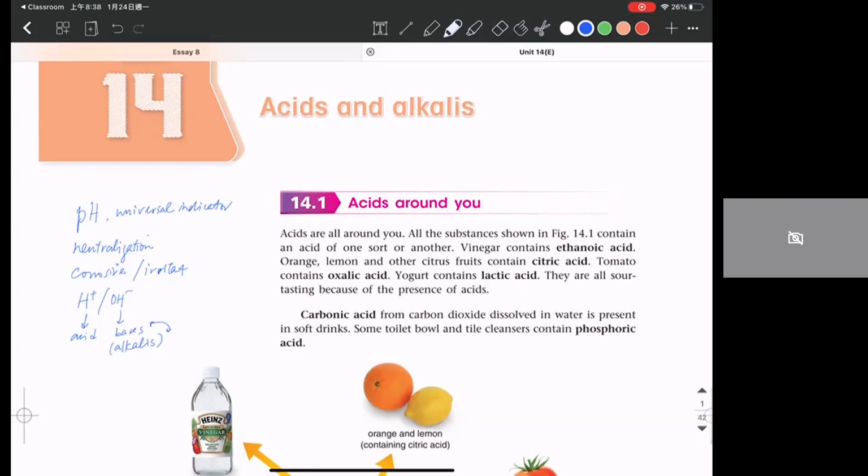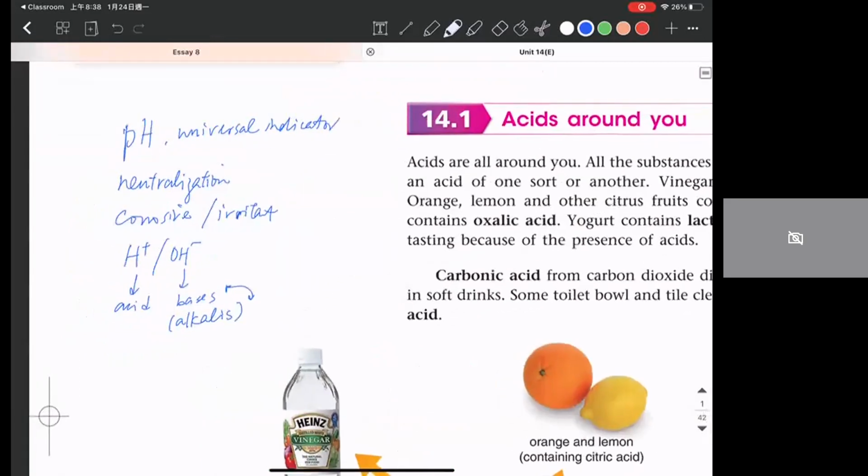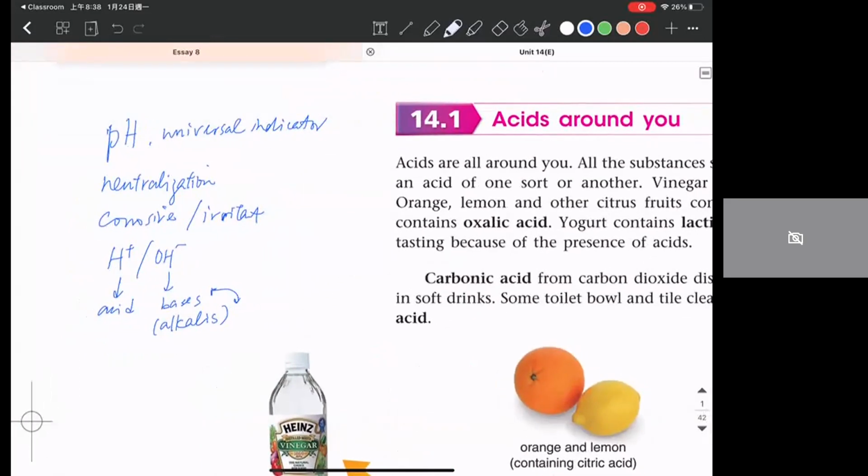So a very interesting finding about acids and bases: we just said acid contains hydrogen ion and bases contain hydroxide ion. Can we say that acid does not contain hydroxide ion and bases do not contain hydrogen ions?